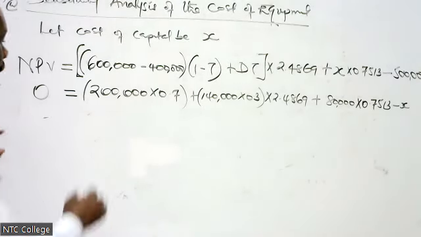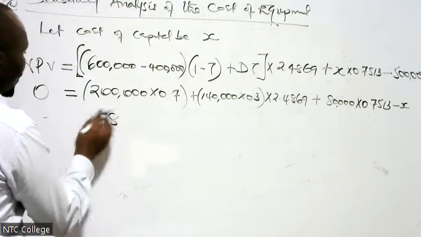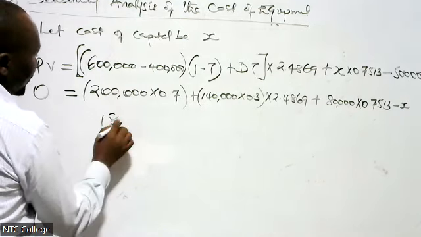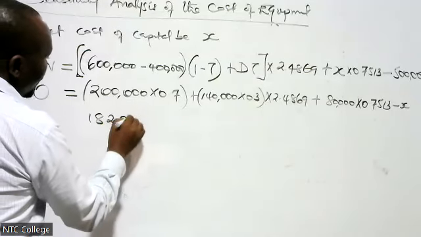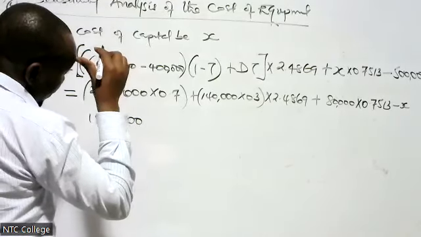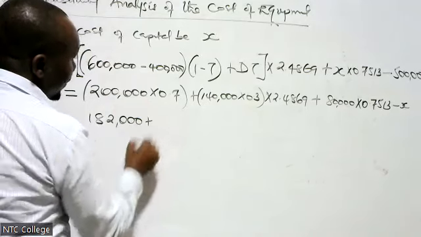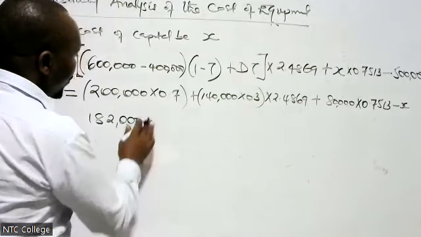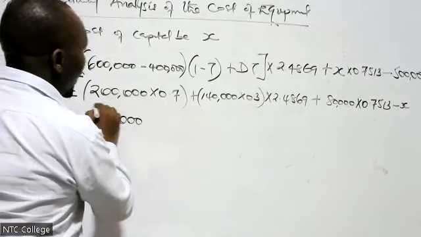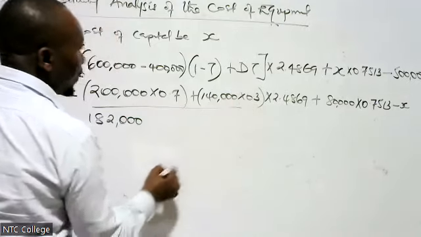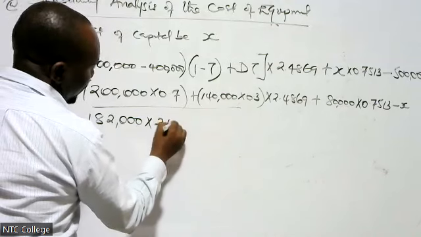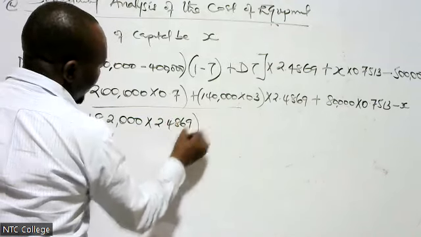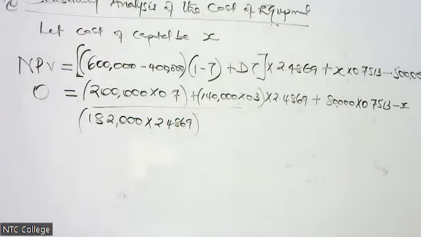So we have 182,000, right? Times 182,000 was up to here. Zero. Times 2.4869. Is it true?